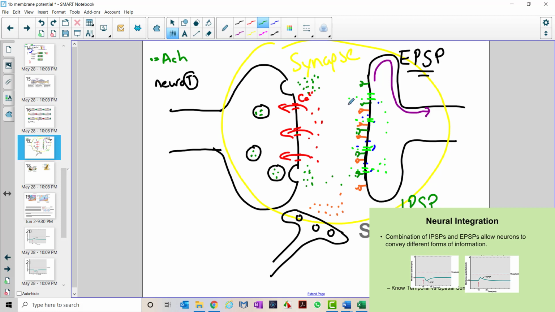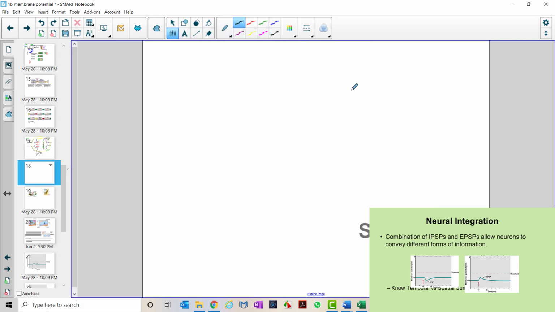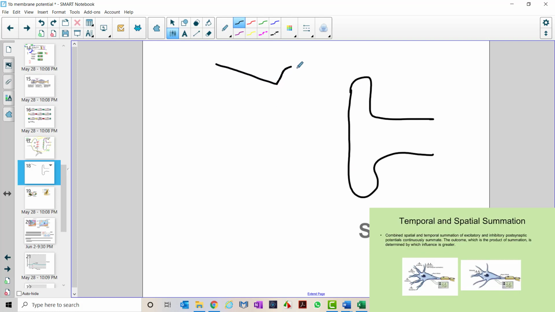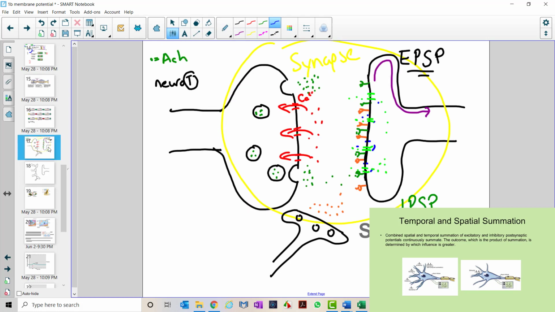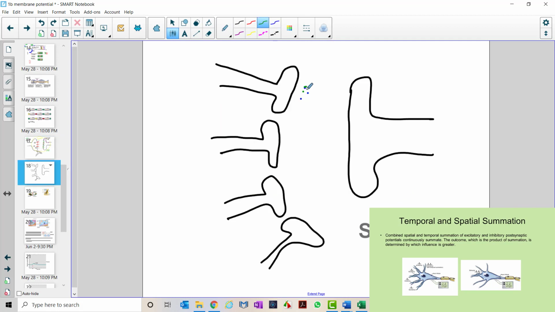So think about what could happen here. I could have a dendrite here, and I could have a whole bunch of axons. And let's say that this one here released acetylcholine that caused an EPSP.